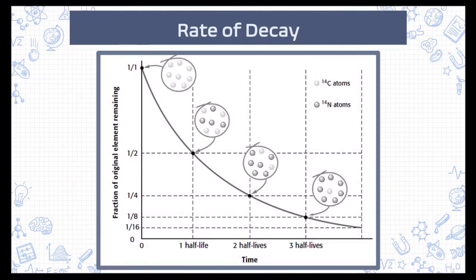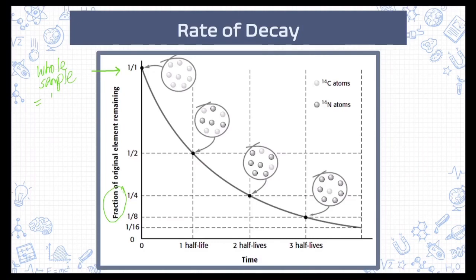Let's take a look at another graph. This graph shows you the fraction on the y-axis of the original element instead of a percent. Sometimes you may see a percentage. So understand that 1 out of 1 just represents the whole sample.